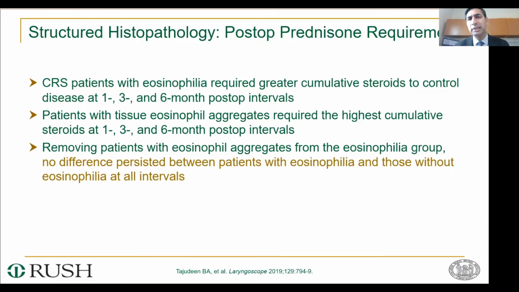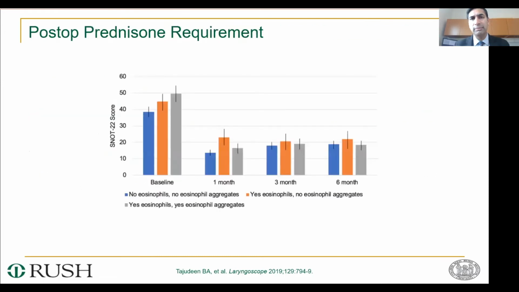And patients with tissue eosinophil aggregates required the highest cumulative steroids at 1, 3, and 6-month post-op intervals. And what was interesting is when you removed the eosinophil aggregates from the eosinophilia group, there was no difference whether patients had tissue eosinophils or not. So it seems it was really the eosinophil aggregates that seemed to be the main driver for the need for post-op steroids.